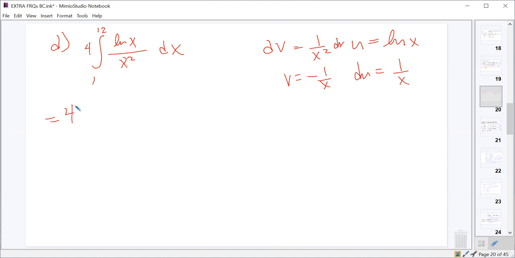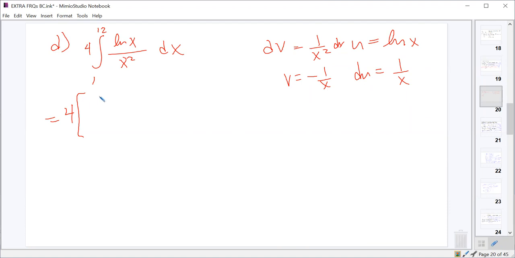So we've got 4, and now we've got an integration by parts here. I guess I should have said this was an integral that we probably should recognize needs to be done by integration by parts. I didn't actually say that, but does everybody agree that that's one that should be done using integration by parts? I hope. Unless there's a simple u sub, usually ln x has to be done by parts.